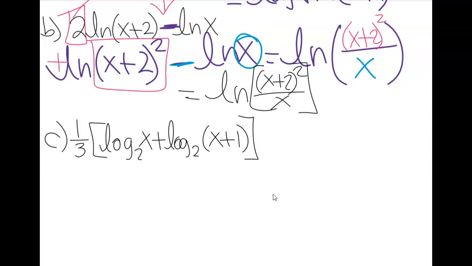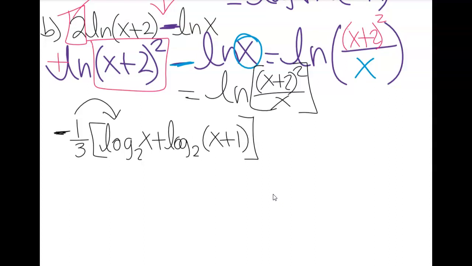Okay, the next one. Now we have a 1/3 here. And in fact, I want to make this a little more interesting, so I'm going to make that 1/3 negative. Do I want to do that? Yes, let's do it.